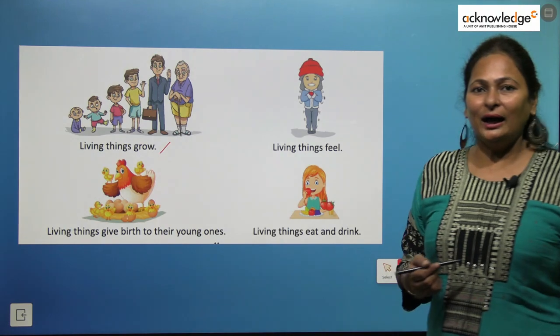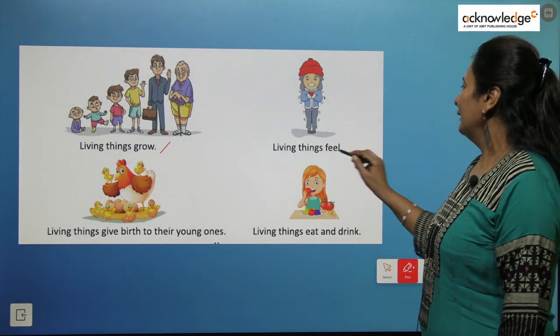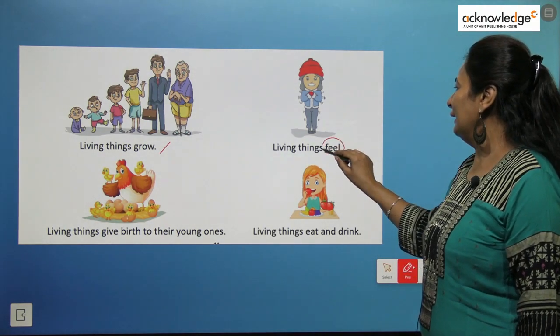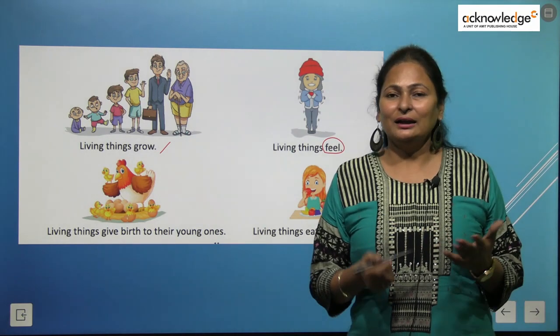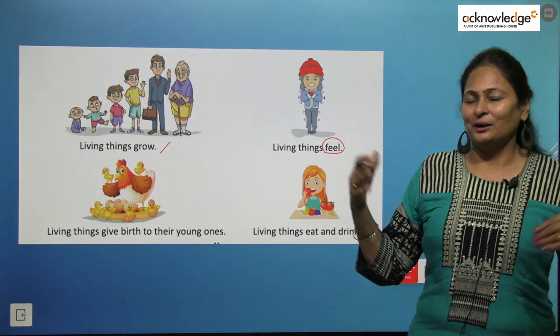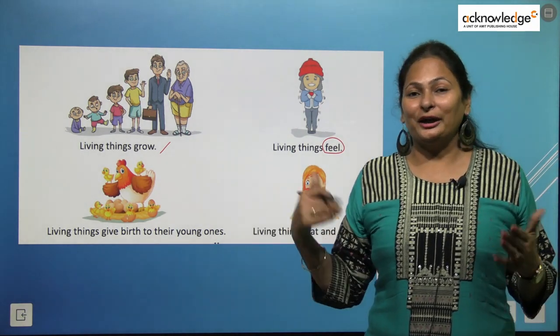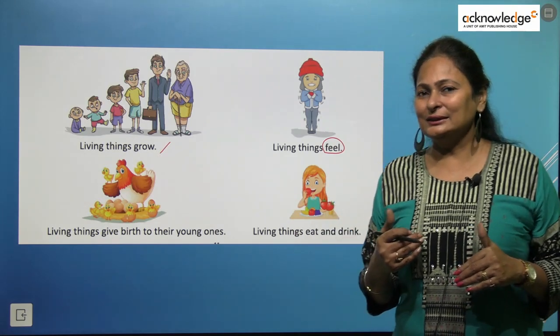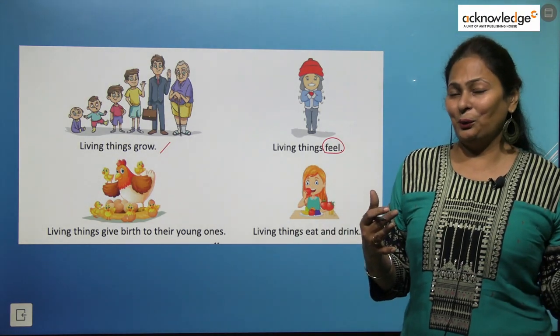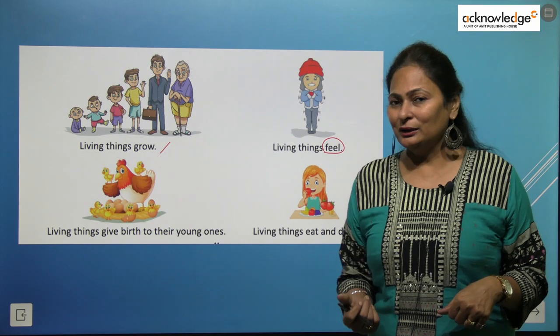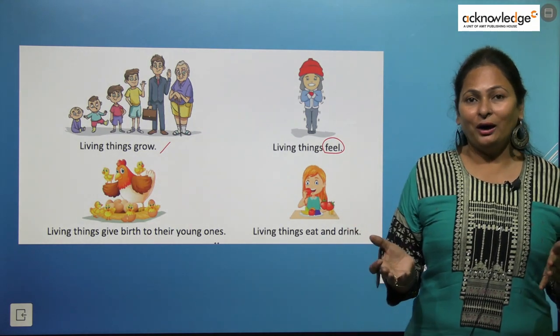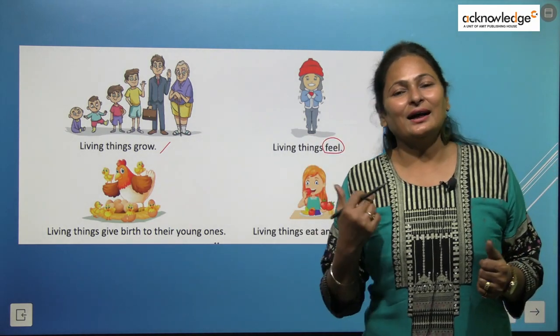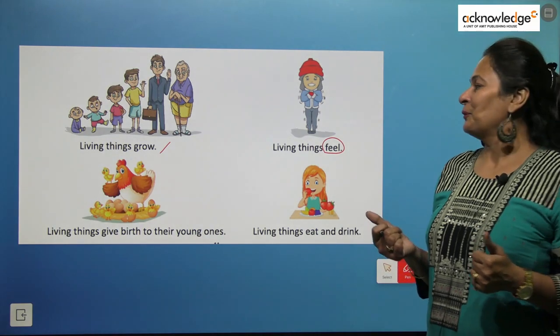So we all are living things. Living things feel. Yes, we feel things are hot or cold. You can feel the climatic conditions, right? When it is so cold, you wear woolen clothes. When it is hot, you sit under the AC, right?